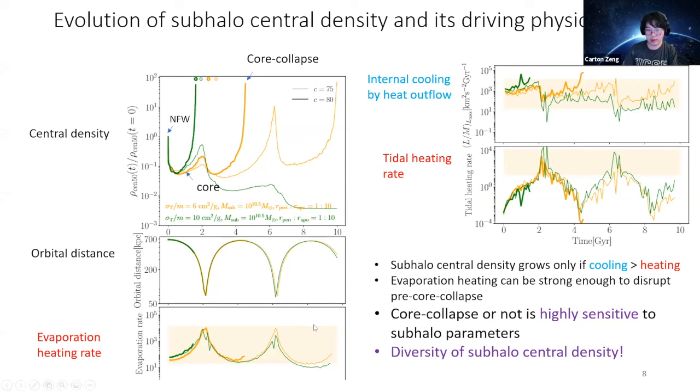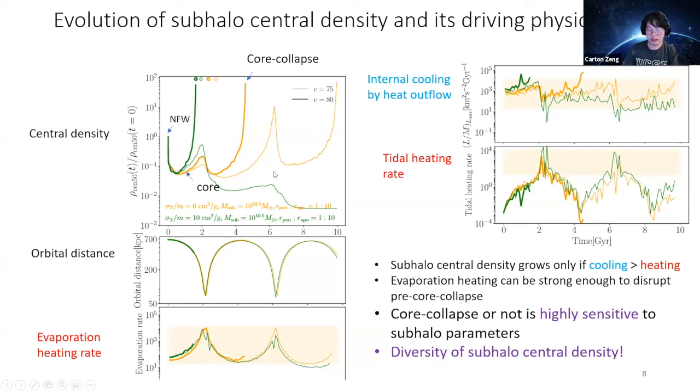Our primary conclusion in comparing these heating and cooling rates is that the subhalo central density grows if and only if the net cooling outweighs the net heating, by correlating the evolution of the central density versus the other terms.